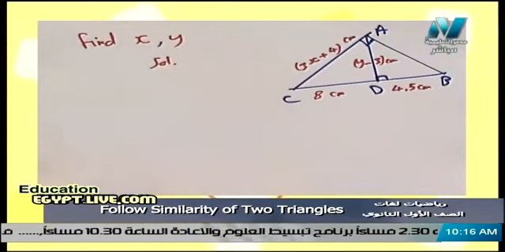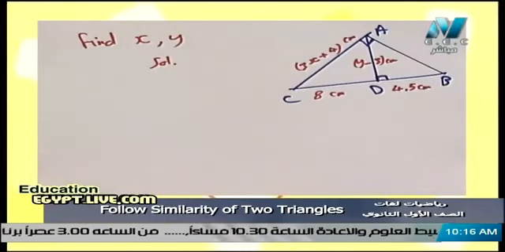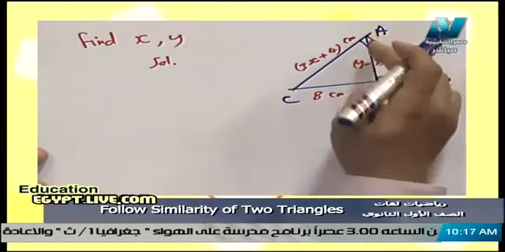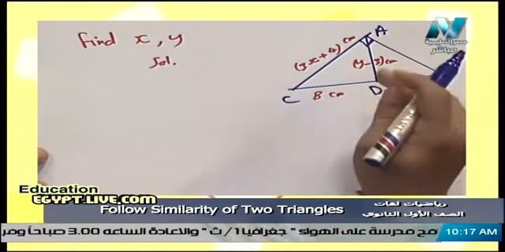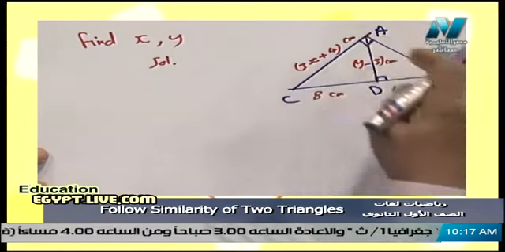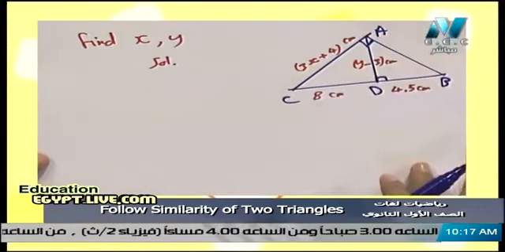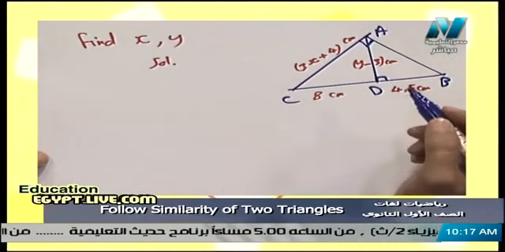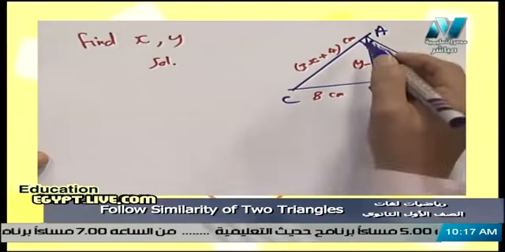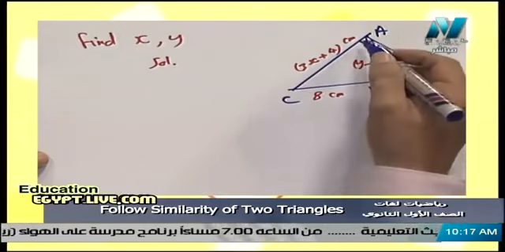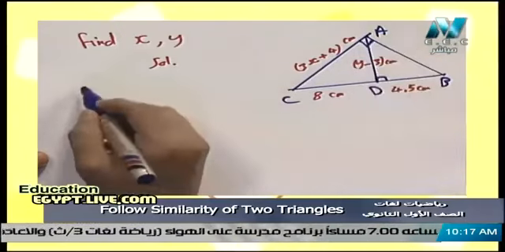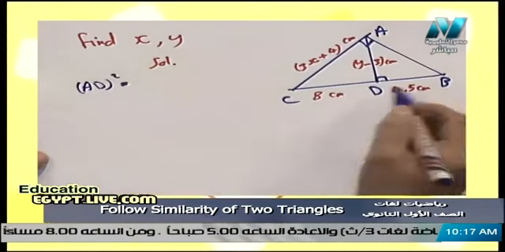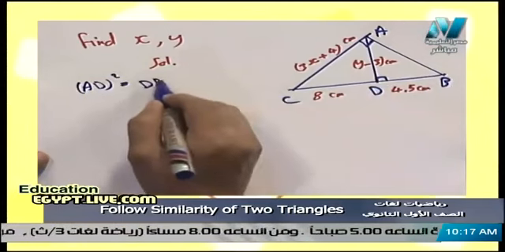The solution here is very easy because from the similarity of the 3 triangles, triangle ADB, triangle ADC and triangle ABC, which we studied before, we will use the rules to find y. We will use the rule AD power 2 equals DB multiplied by DC.